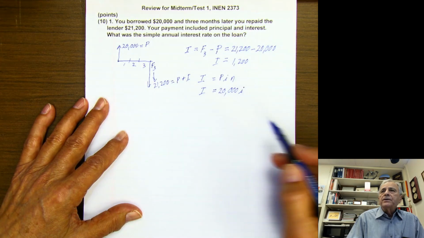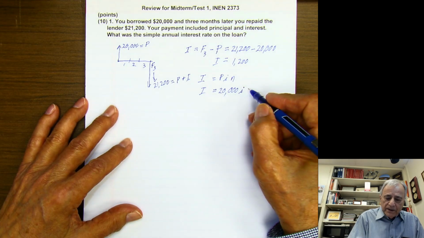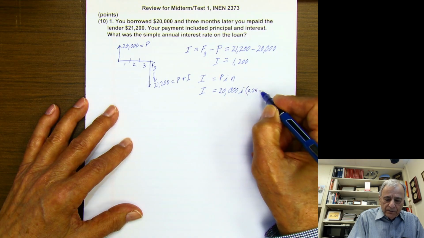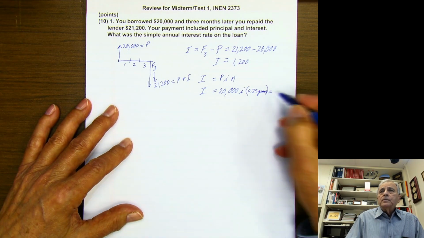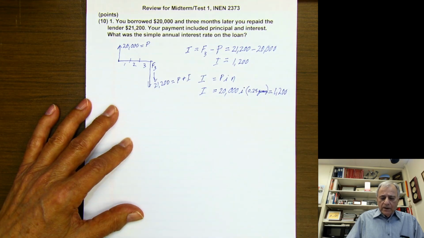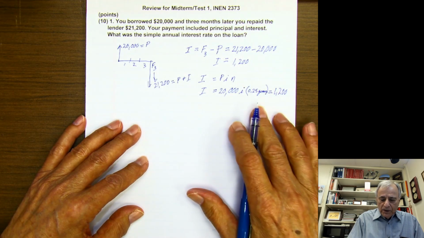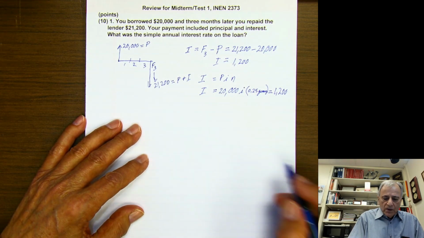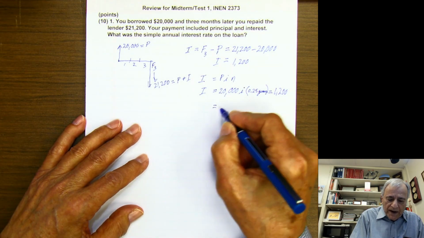Well, 3 months is 1 calendar quarter, so it's 25% of a year, so that would be times 0.25 years, and that is equal to $1,200. So now we have 20,000 times I times 1/4 or 0.25 equals 1,200. If we multiply the 0.25 times the 20,000, we will get 5,000.